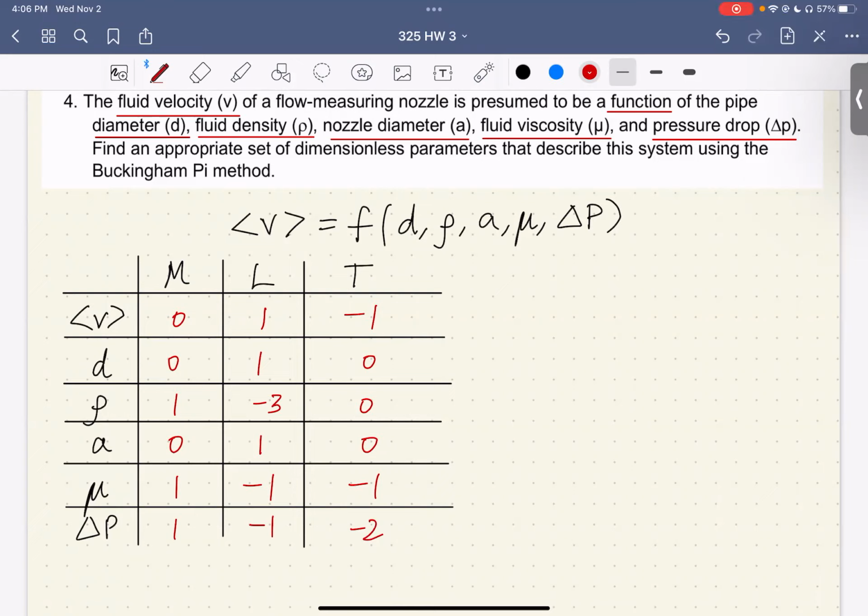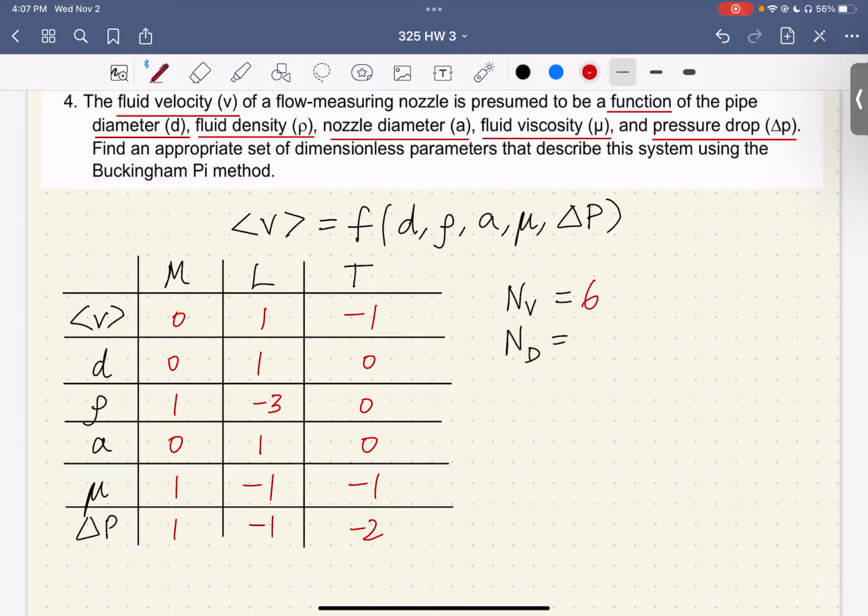Great. And now the next step is to just follow our consistent pattern for addressing these kinds of questions. So we know first, NV is the number of variables. How many variables do we have? We have 6 variables. Great. And then now we want to see how many dimensions do we have?